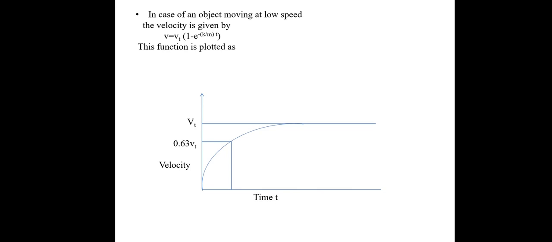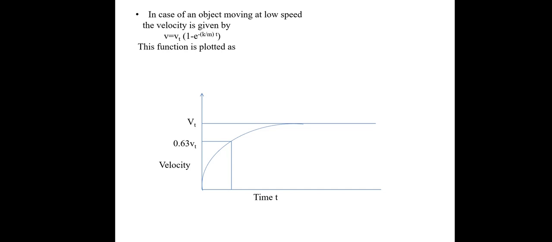Now, this velocity function with respect to time, since it is an exponential function, can be plotted as shown in the figure. Time is taken along the x-axis and velocity along the y-axis. Here, the maximum limit of velocity is the terminal velocity.